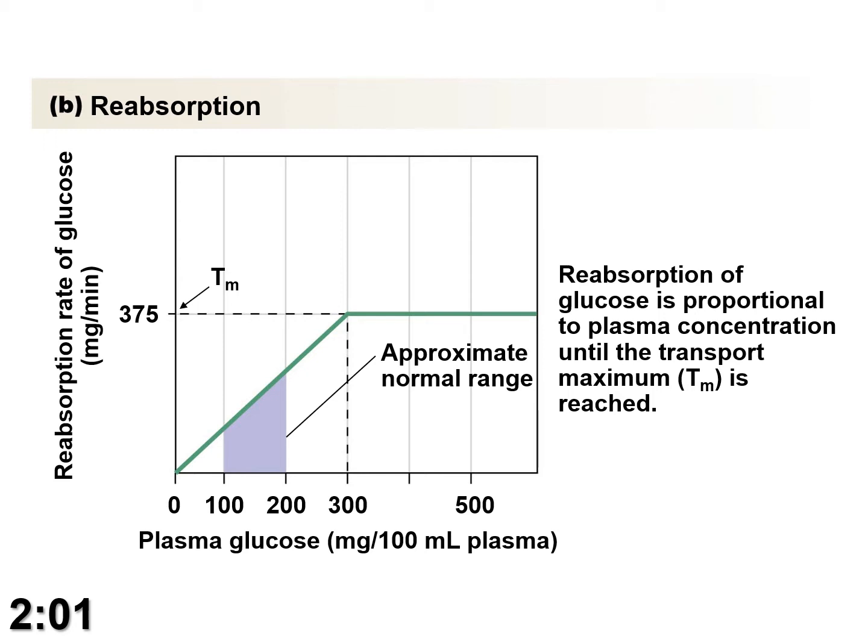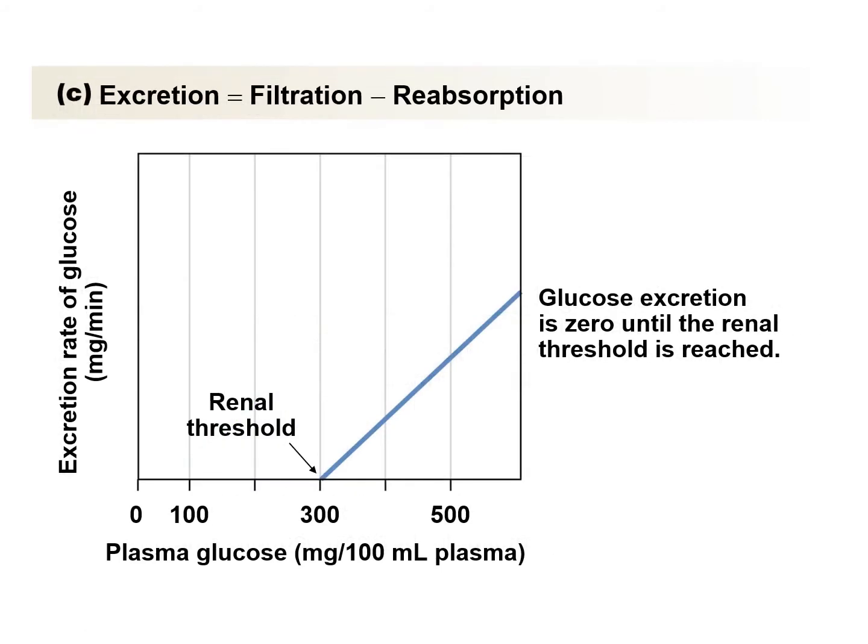That's because we have hit this saturation point, and anything that is not transported because there's just too much of it, so we're transporting some of it, but there's residual left over that doesn't get transported, well, that makes it out into the excreted urine.